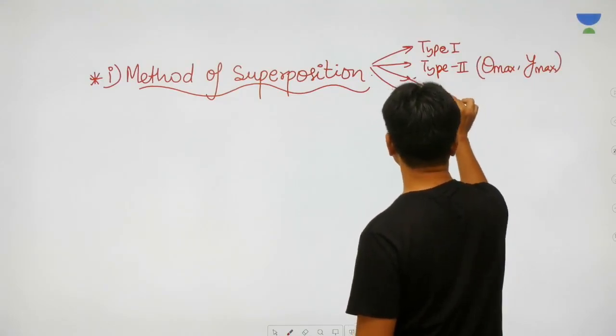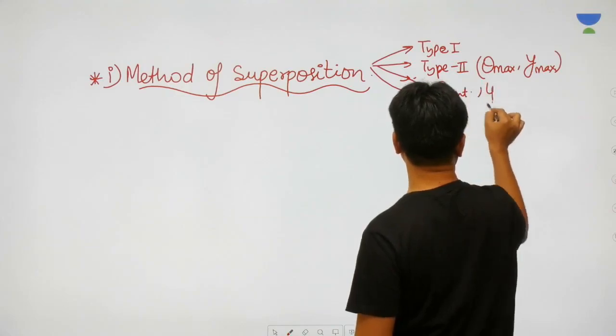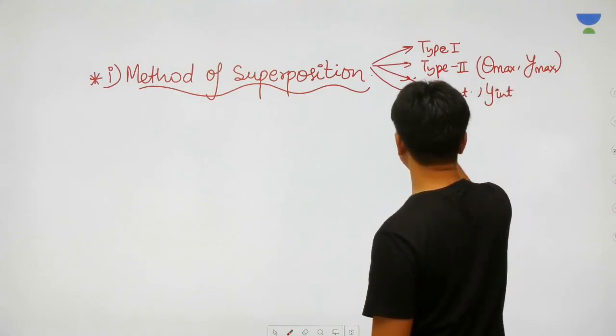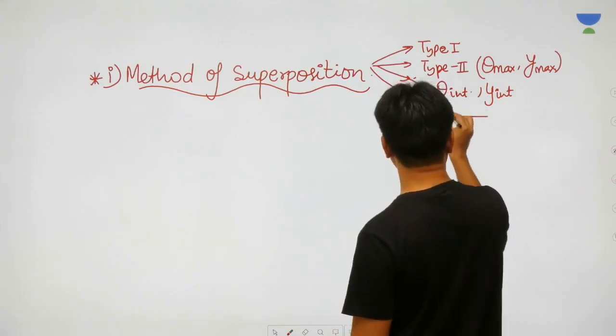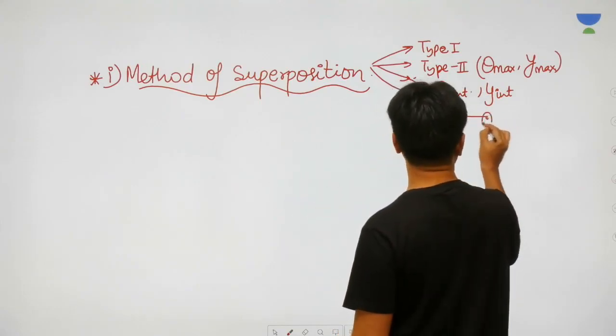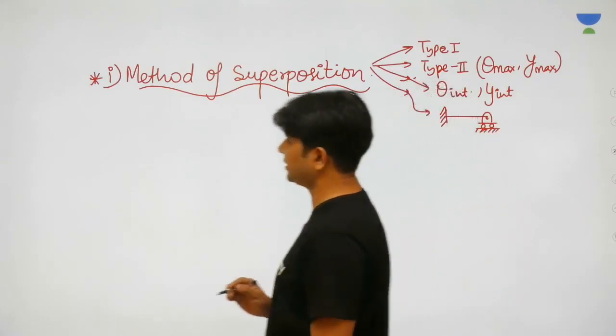Type 3: where we discussed calculating theta intermediate and y intermediate. And type 4: propped cantilever. Today we are going to discuss yet another variety.